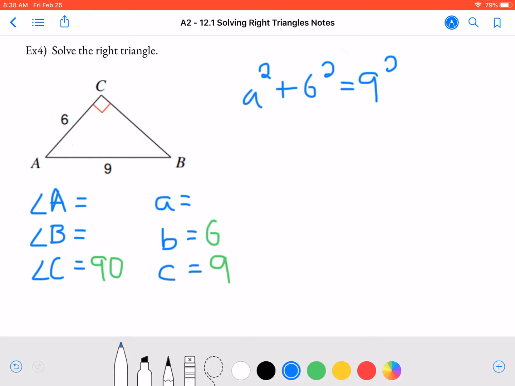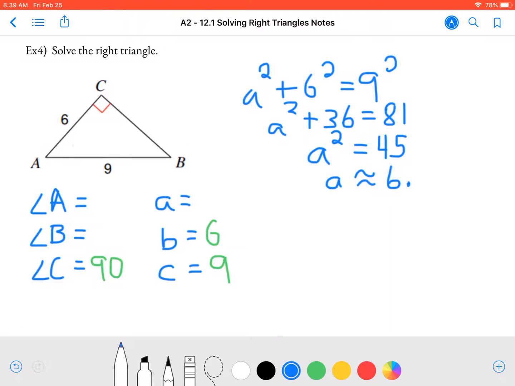That's going to give you 36 and 81. Subtract 36 from both sides, and you get 45. The square root of 45 is about 6.7. So that's going to go here.